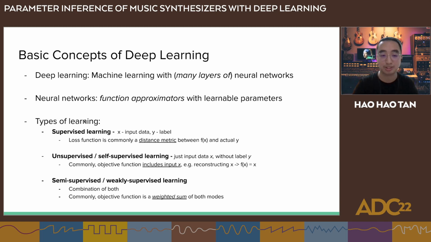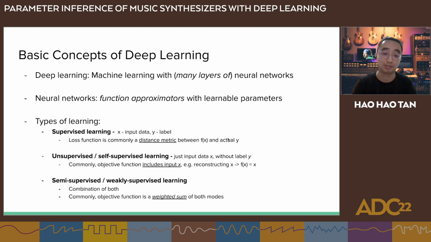And in deep learning and machine learning, basically you have different types of learning modes. So basically we call them supervised, unsupervised, or semi-supervised, right? So for supervised, basically you have your input data and a label. So basically you feed your input data into your network and then you will output something called your f(x). And then you want to calculate your loss function, which is basically a distance metric between your f(x) and your actual label y.